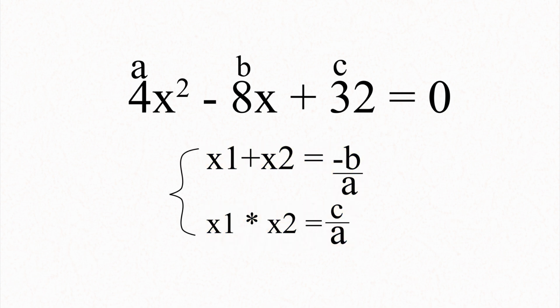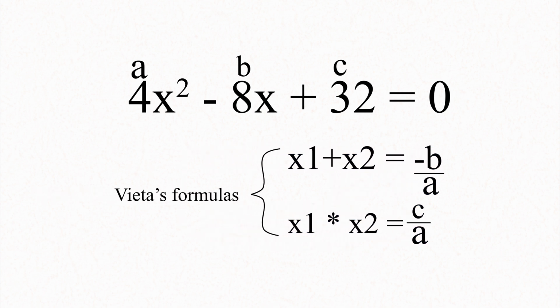This is called Vieta's formulas. Using these formulas we can sometimes guess the roots of the equation. We look for two numbers whose product is c divided by a and whose sum is minus b divided by a. This method is useful when the quadratic equation has two solutions.